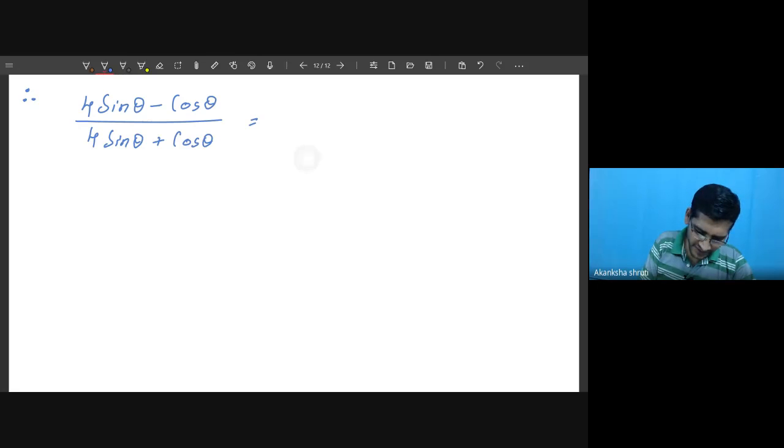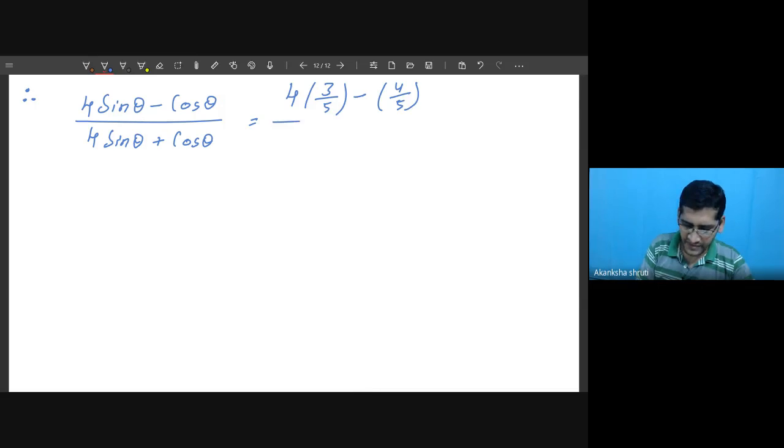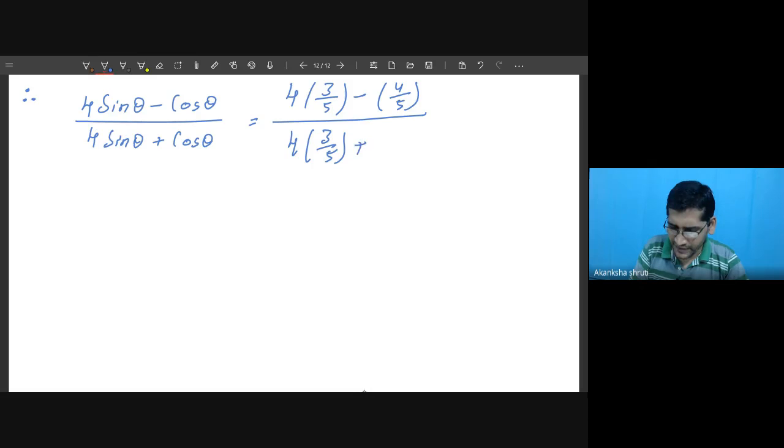So 4 sine theta is 4 times 3 by 5. This calculation is very important, and cos theta value is 4 by 5. Such a calculation will come every time. 4, again this is our 3 by 5 plus 4 by 5.